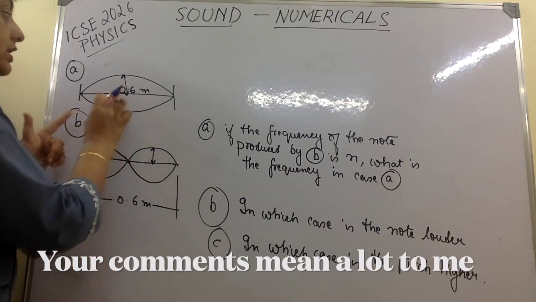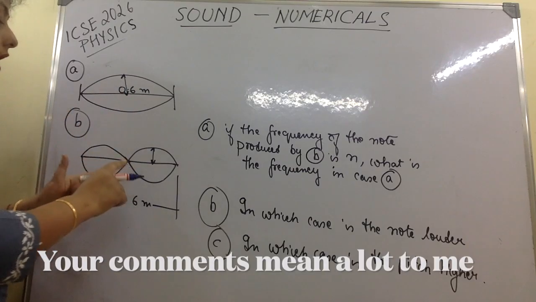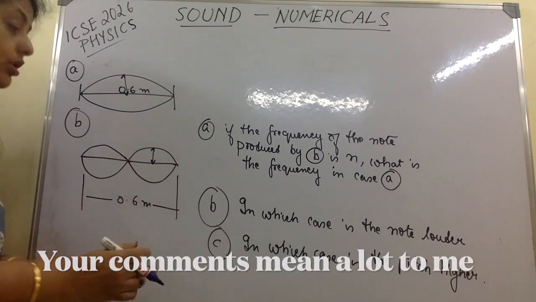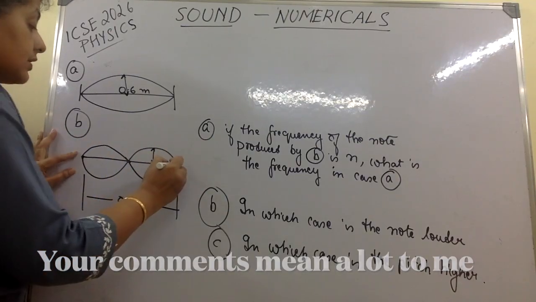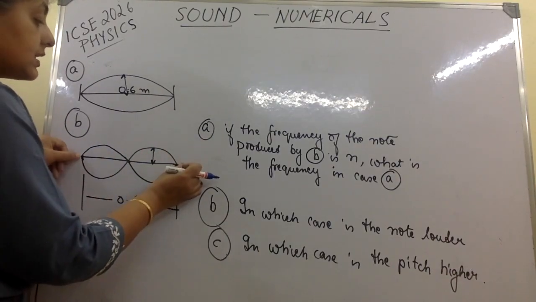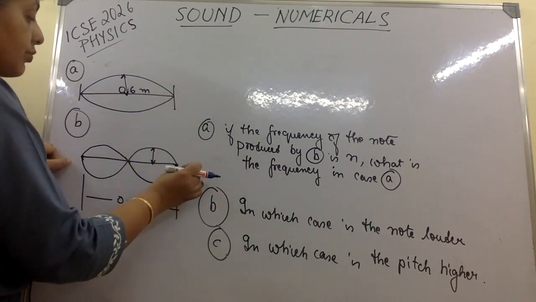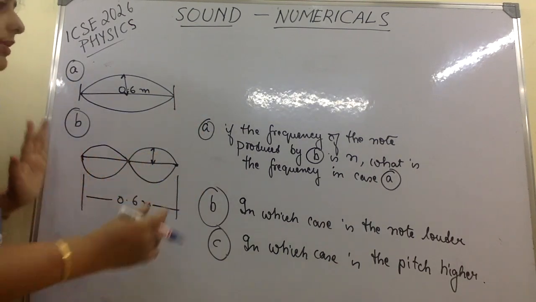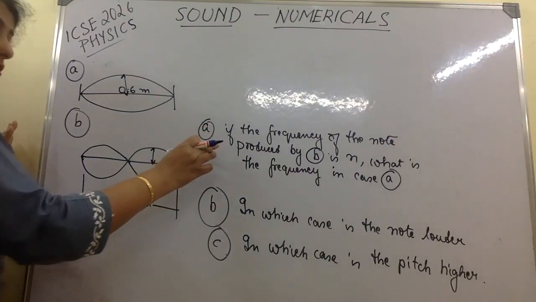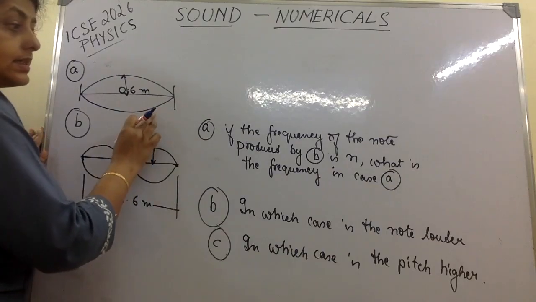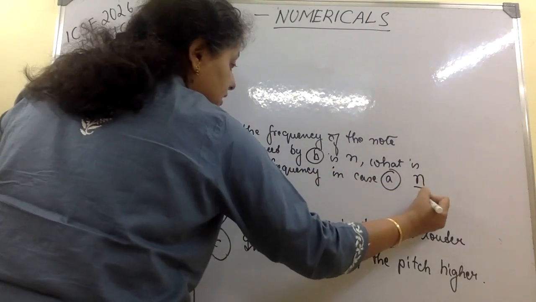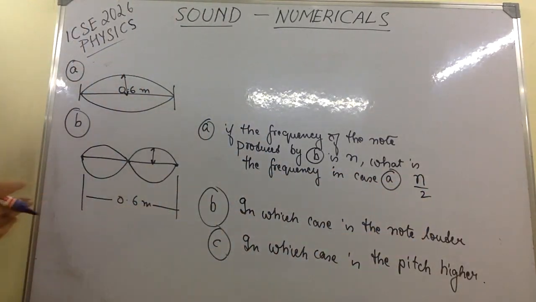So the frequency of this is always half of this. Why? Because this is the displacement time graph. Here this is happening in the same time. This much 0.6, it's happening in the same time. So if the frequency of the note produced by B is N, then this is N by 2. Answer is, see how little you have to write, it is simply N by 2.